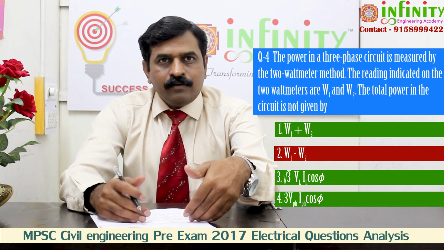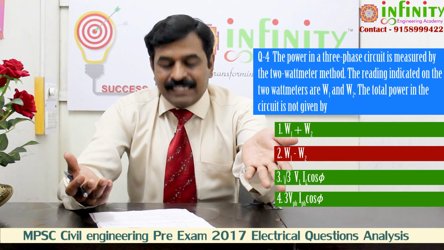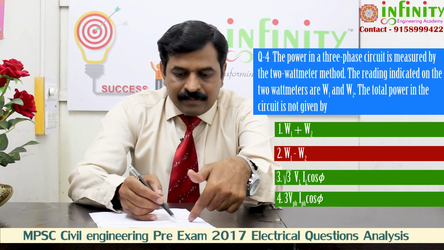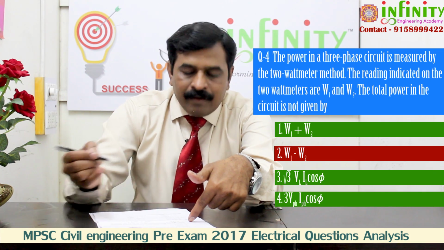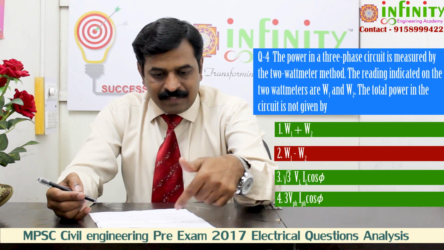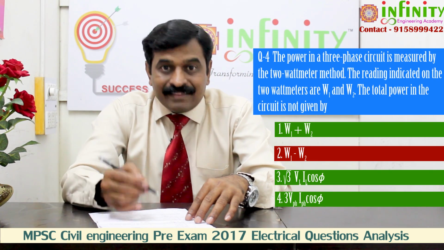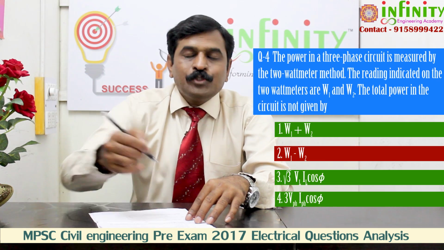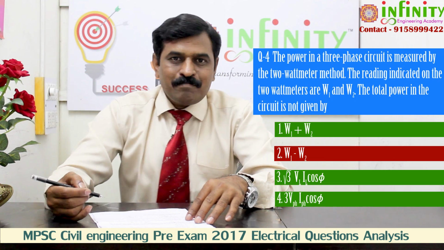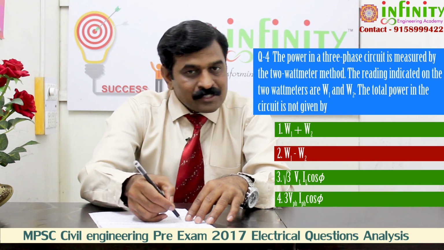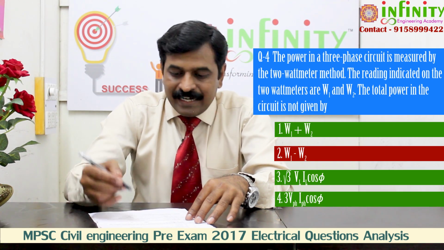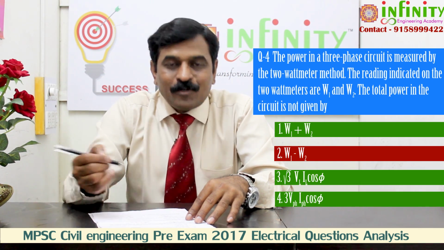This same question we can reconstruct in the same manner by removing the "not" word. That means out of the following, which are the methods used to represent the total power? In that one, the first one is correct, the third one is correct, and the fourth one is correct. Only 2 is not correct.